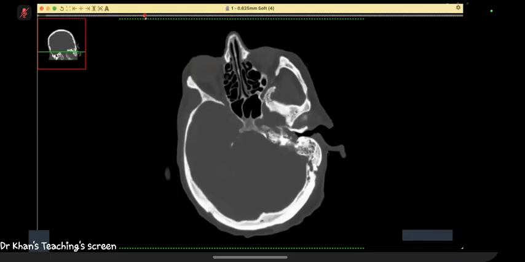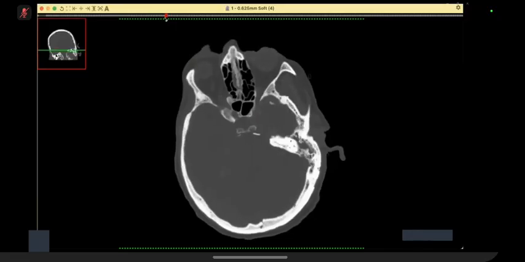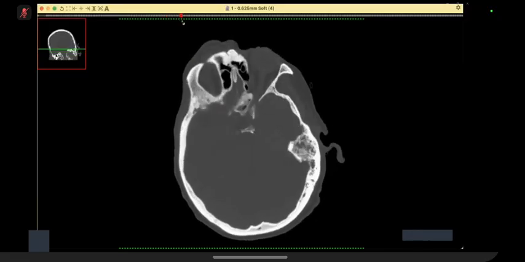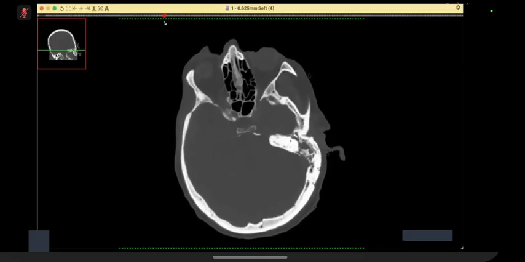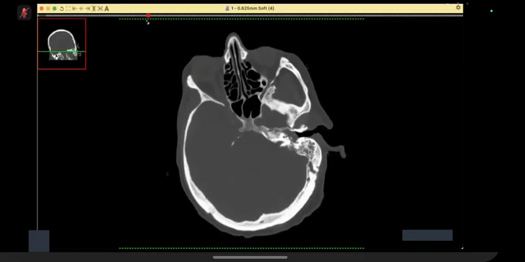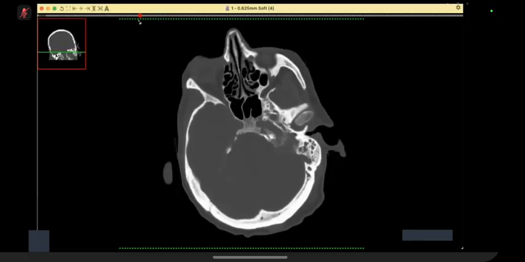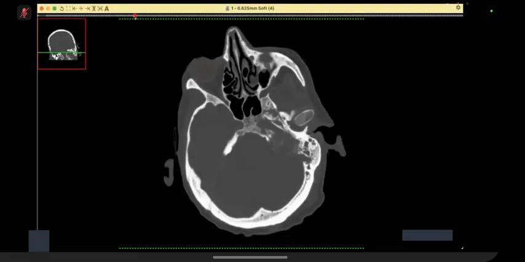Now I'm going down. Above here is the attic space, and further down, the mesotympanum. I can see filling of the cavity, and here I can see that the lesion is eroding into the middle ear cavity, into the hypotympanum. I need to verify this better in the coronal images if available.